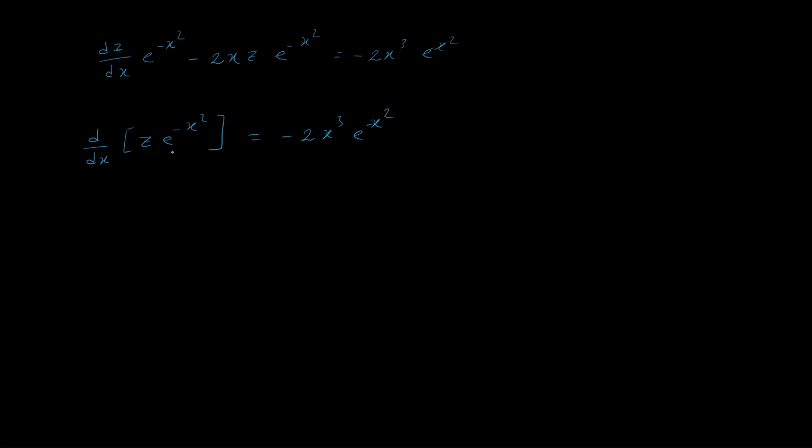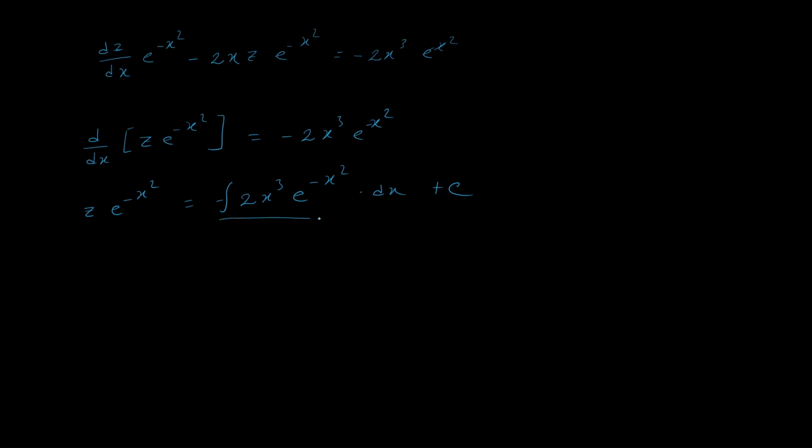Now to solve this, we need to integrate both sides. Integrating both sides, we will get z e to the power minus x square is equal to integration of minus 2x cube e to the power minus x square dx plus a constant c.